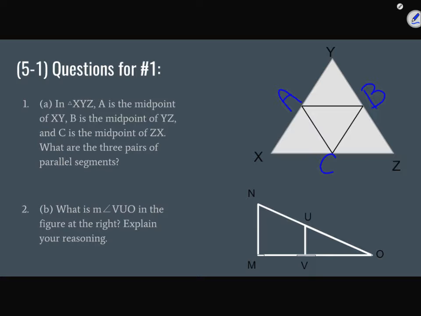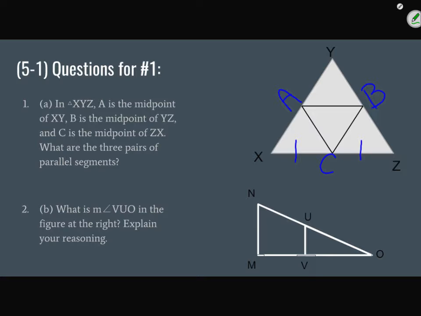So first we identify our congruent sides. So if C is the midpoint of ZX, that means it separates it equally into 2. So ZC is congruent to CX. Then we have A is the midpoint of YX.